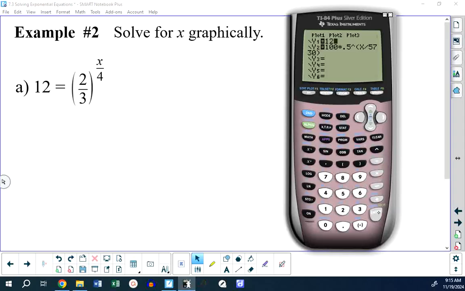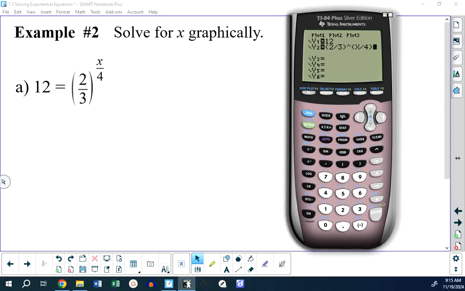So y equals 12. I like the y1 equals y2 method. You know, your textbook, if you are interested in that, zeros the equation all the time and finds an x-intercept. I don't prefer that. Now, it's always nice to set up window settings that you think are going to be helpful.